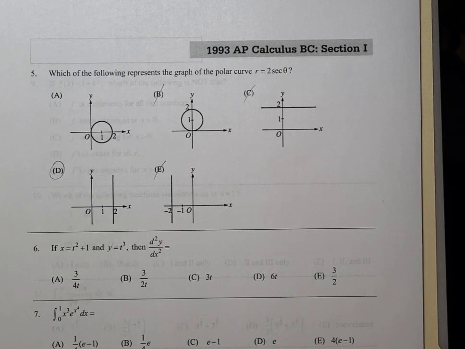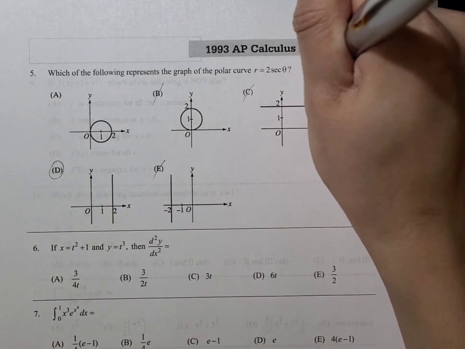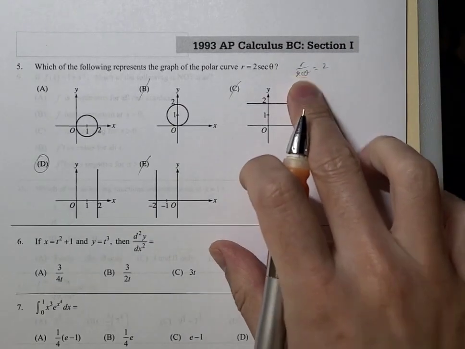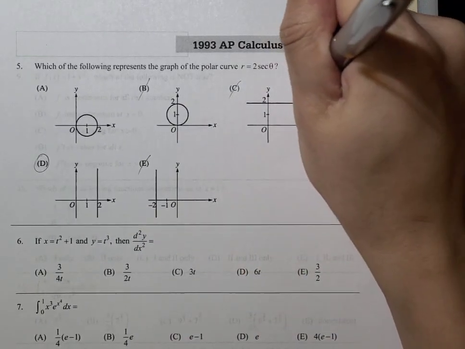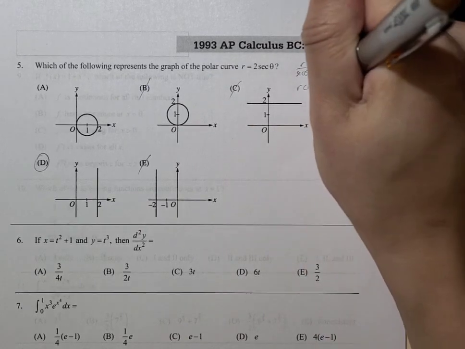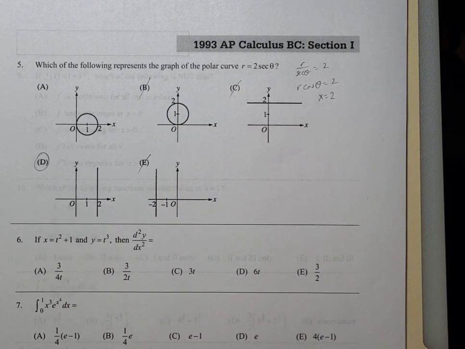That's how we get polar coordinates, right? x is r cosine theta, y is r sine theta. Okay, so we can do r over secant theta is equal to 2. 1 over secant, that's the same thing as r cosine theta is 2. r cosine theta, we just said is x. x is equal to 2. Okay, and that's this vertical line here. So we get the same answer.